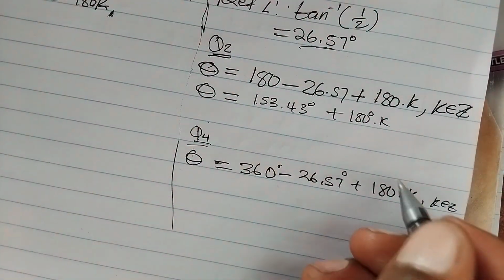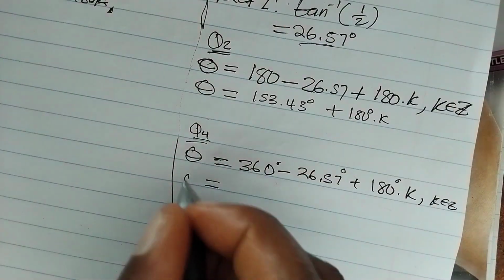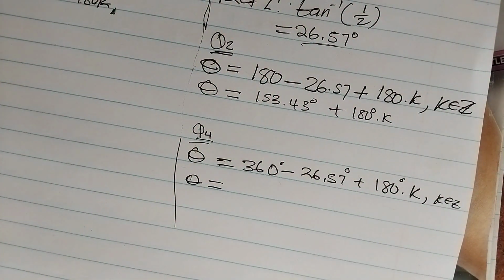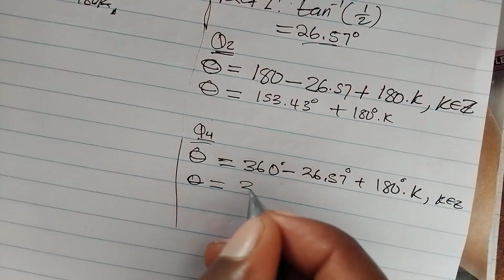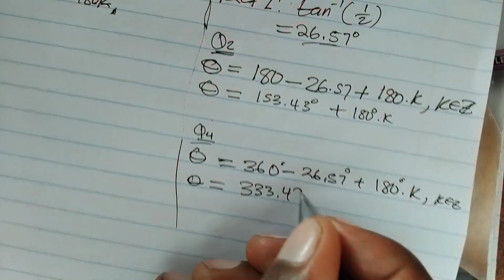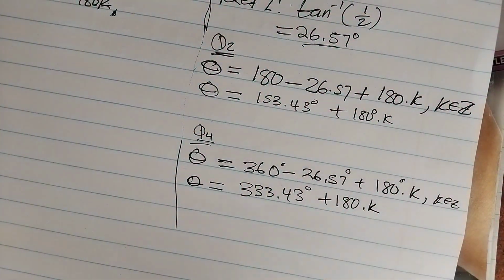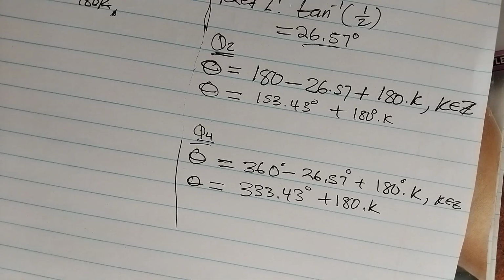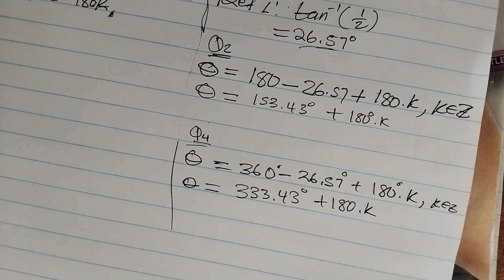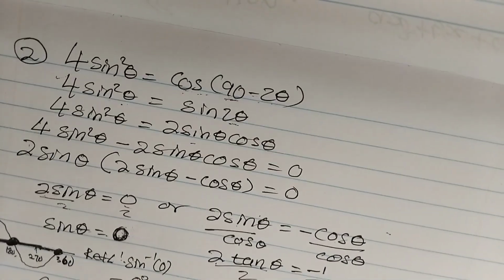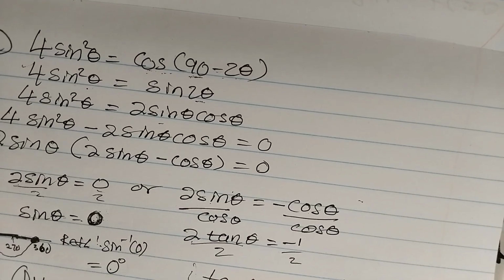So this will give you 360 minus 26.57, that's 333.43 plus 180 times k. So this is the general solution of 4 sine squared theta equal to sine theta cos theta.